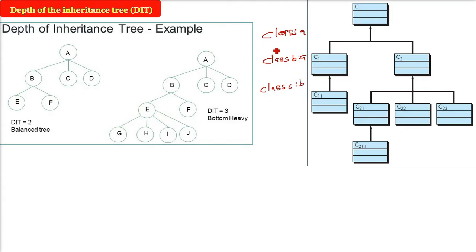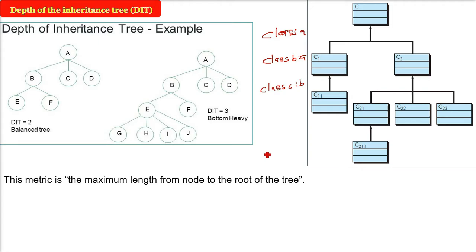So one is called parent, the other is called children. But the depth of inheritance tree is how far down the levels you are going. This metric is the maximum length from a node to the root of the tree.